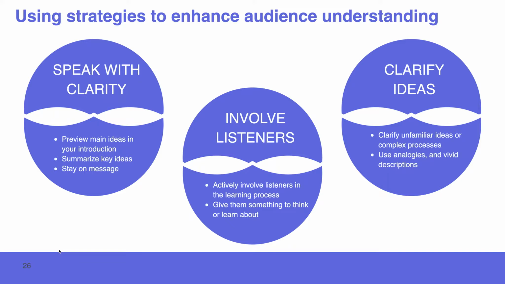So, how do you ensure clarity, right? Well, you preview your ideas, the transitions, the previews, the internal summaries, all the stuff. Stay on message. Okay. Bring something new to the table so listeners are actually engaged in the process of learning. Give them something to think about, and you can do that by actually introducing something that they don't know about, right? Then they're paying attention.